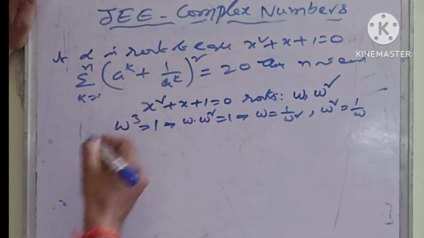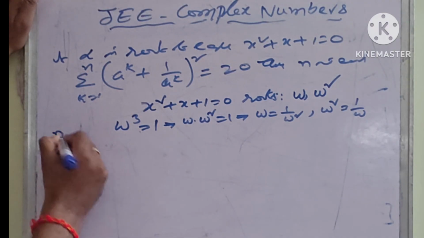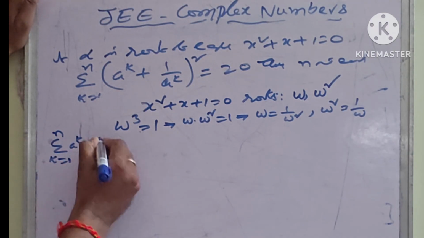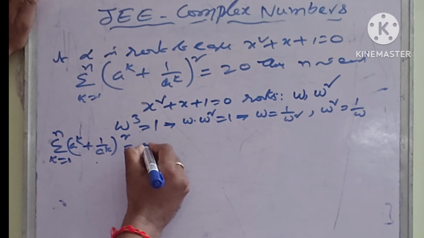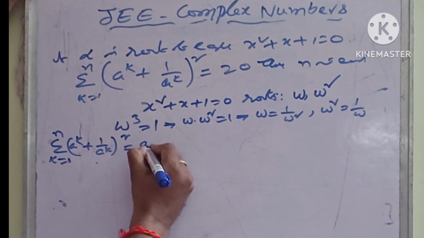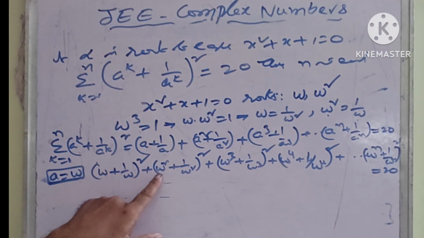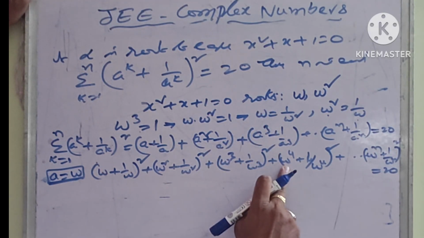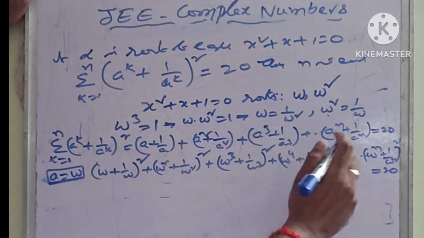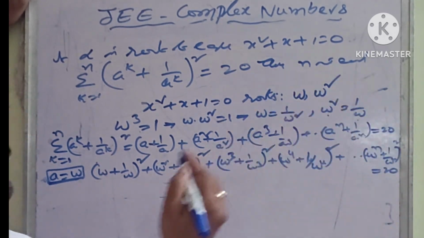Now, these conditions are summation of k is equal to 1 to n, a power k plus 1 by a power k whole square. So here, omega plus 1 by omega whole square, plus omega square plus 1 by omega square whole square, plus omega cube plus 1 by omega cube whole square, plus omega power 4 plus 1 by omega power 4 whole square, plus so on, omega power n plus 1 by omega power n whole square.